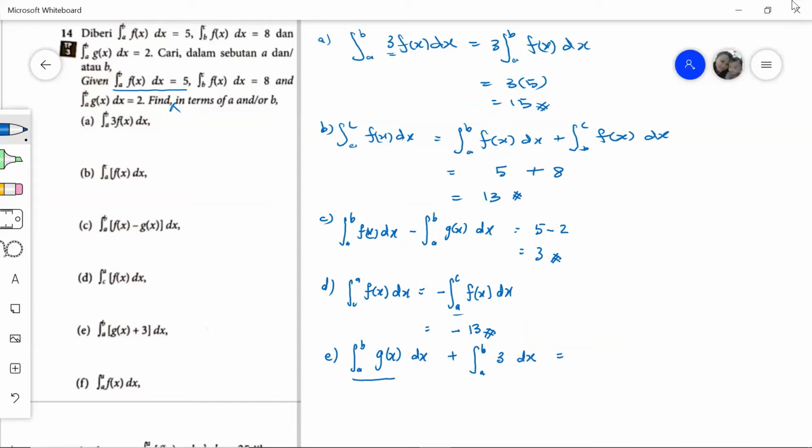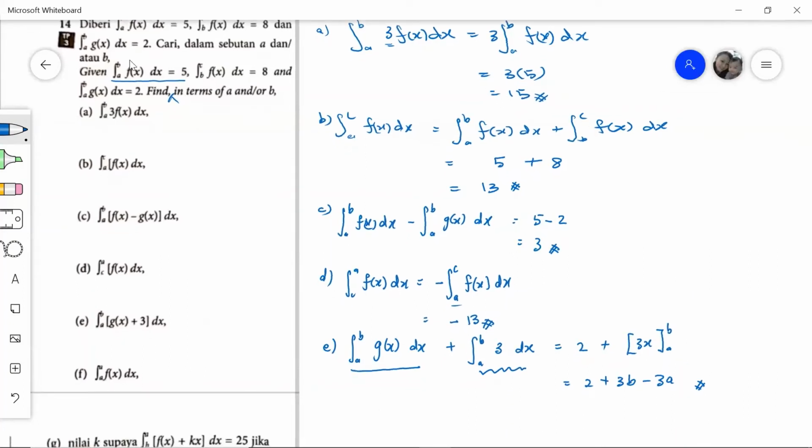So for this part, from a to b, g(x) dx is 2. And then this is not given, but we can find on our own. So that will be 3x. Let's put the a to b, that is the boundary. So 2 plus 3b minus 3a. So that is the answer for part E.